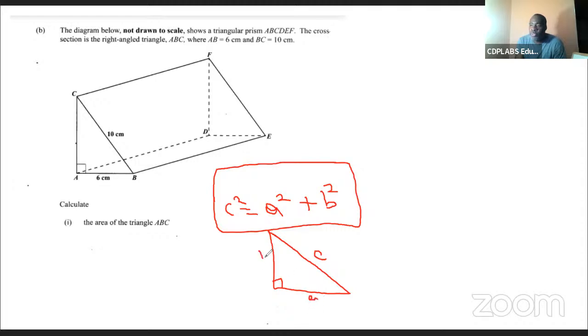I can call this B, doesn't really matter. So we are given C. So 10 squared is 100. And we are given, let's call this A, but we're not given B. So I'm going to find A, which is 6 times 6, 36. Plus B squared, which we don't know.